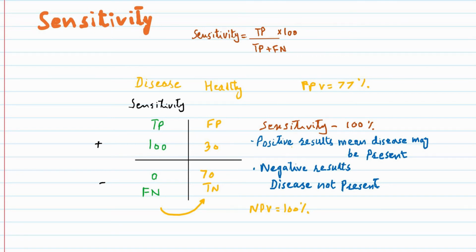So in summary, if the result of a very sensitive test is positive, it means we need to perform further tests to know if the result is a true positive or false positive. If the result of such a test is negative, it means the person doesn't have the disease and we don't need to perform any further tests.